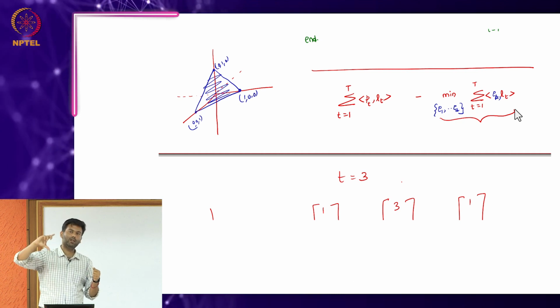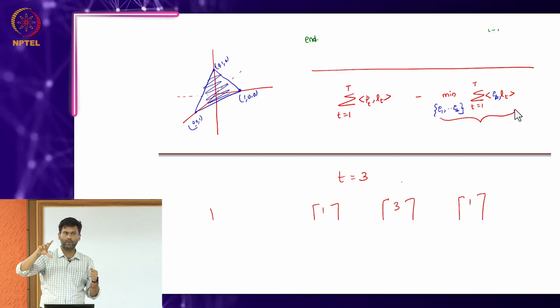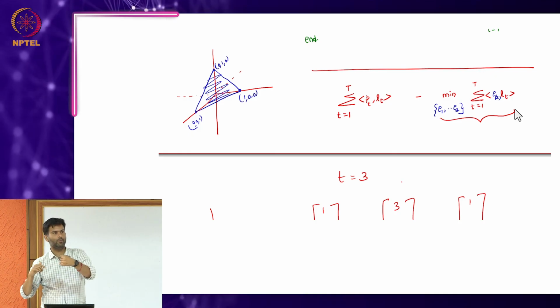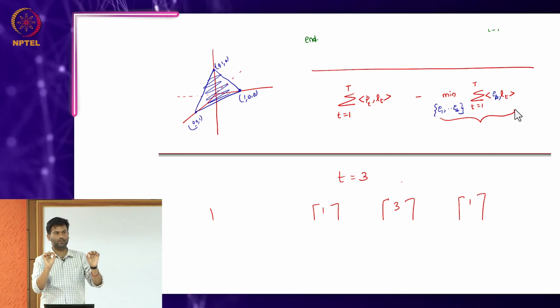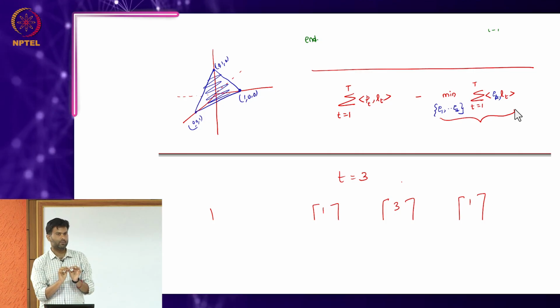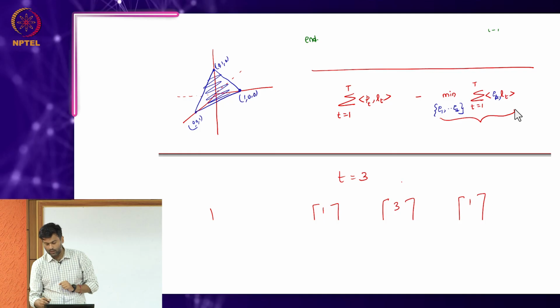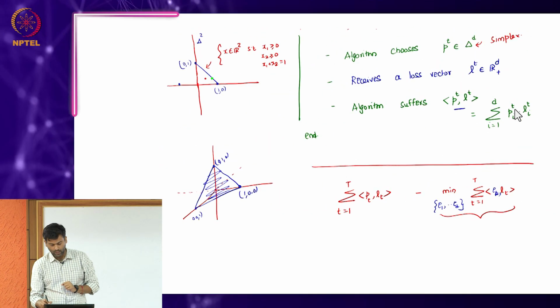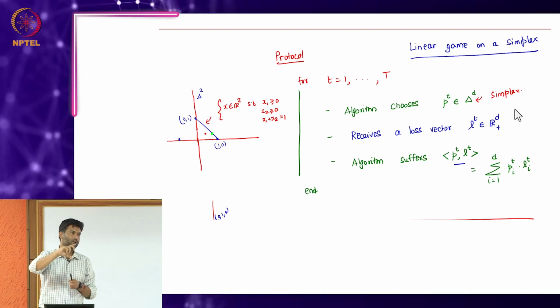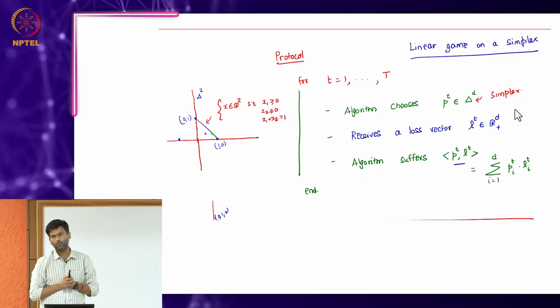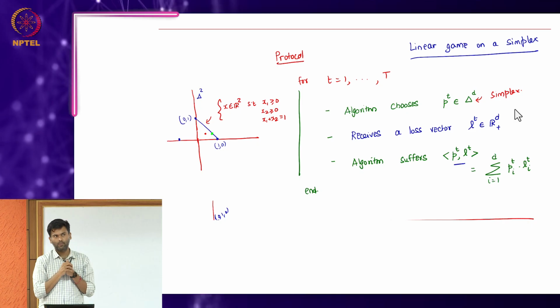Let's say the adversary in an adversarial way generates that loss vector. What the algorithm picks is just a distribution over these fixed experts, which are like fixed endpoints, right? And now you want to learn the best way to combine these fixed endpoints so that this adversarial loss can be as small as possible. I mean, you can beat the adversary, right?